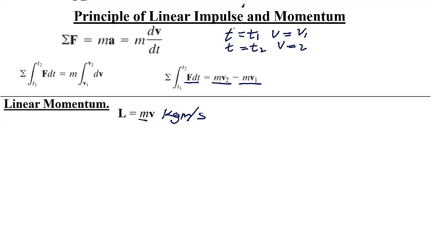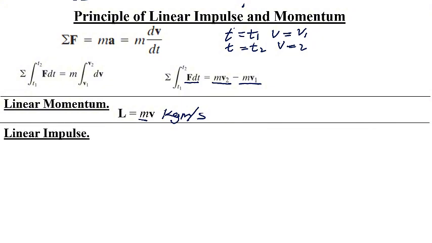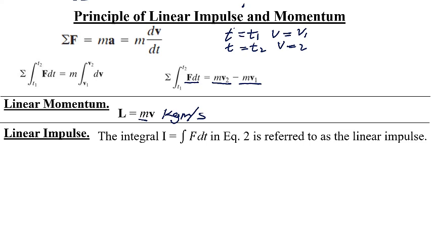The integral of F dt is referred to as the linear impulse. This term is a vector quantity which measures the effect of a force during the time the force acts.